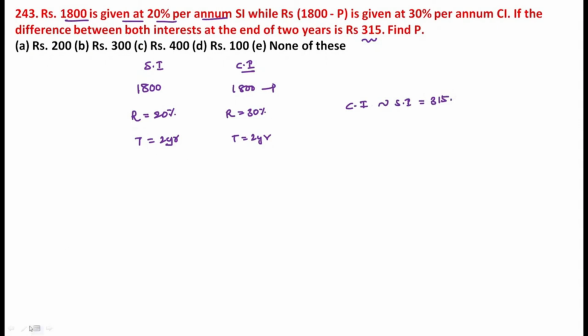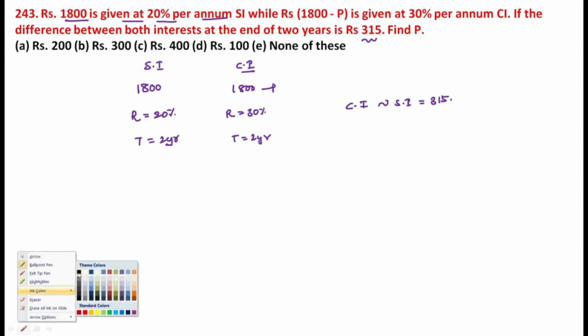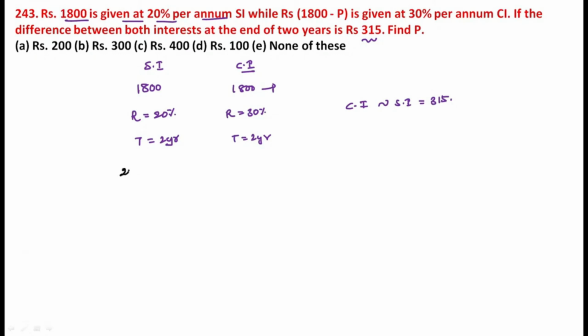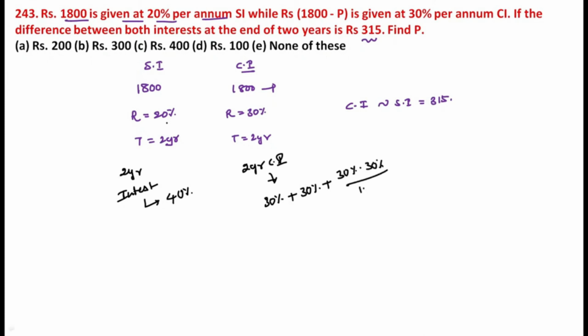Now see, for 2 years, simple interest is exactly equal to 20% plus 20%. It's only 40%. For 2 years, compound interest is exactly equal to 30% plus 30% plus 30 by 100 times 30; you can apply the successive percentage concept here. You can cancel all these numbers.